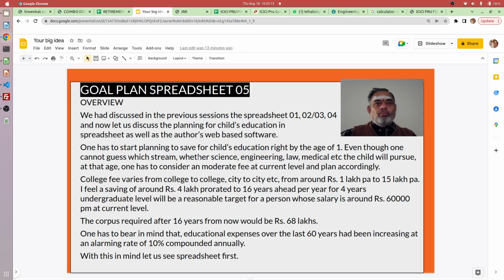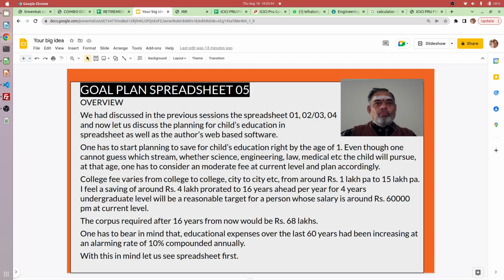College fee varies from college to college, city to city, etc., from around rupees 1 lakh per annum to 15 lakh per annum. I feel a saving of around rupees 4 lakh prorated to 16 years ahead per year for 4 years undergraduate level will be a reasonable target.